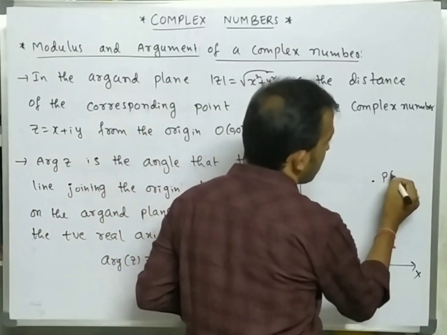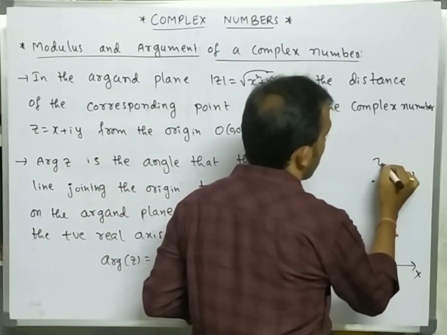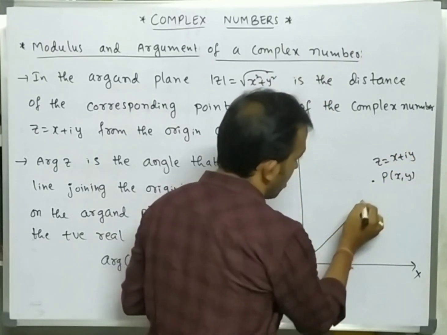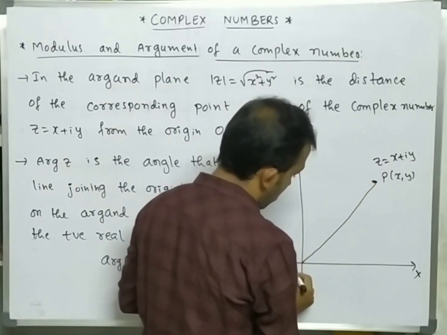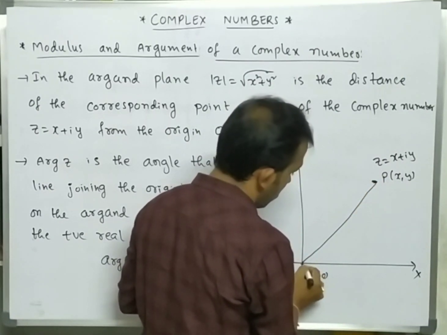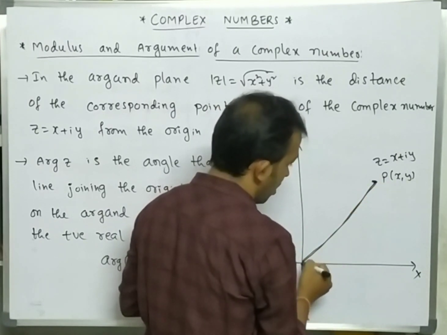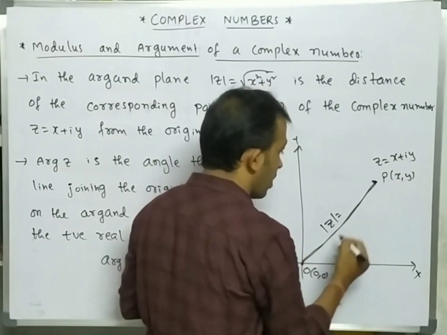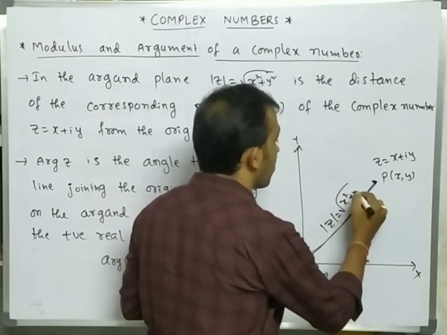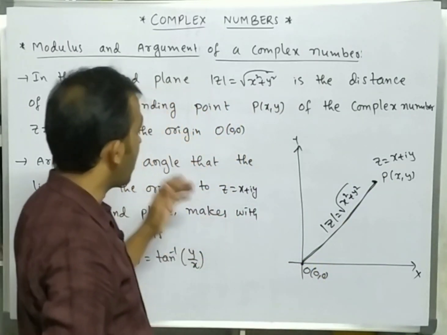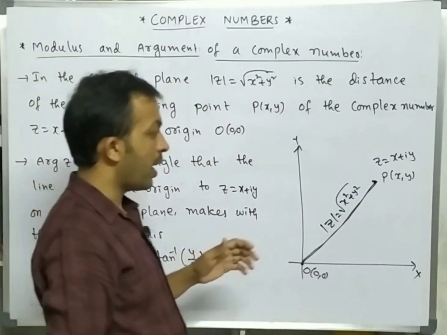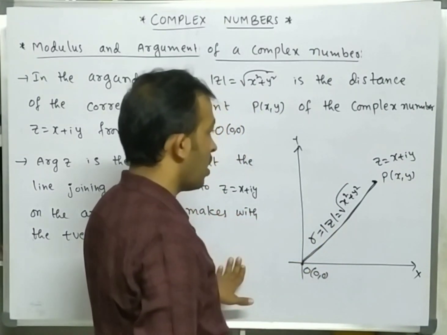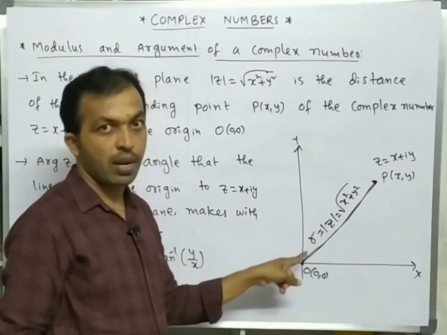So this is the distance from the origin 0, 0 to the point, denoted by the modulus of z. The distance OP is the square root of x squared plus y squared. This distance is called the modulus of a complex number, and it can also be represented with r, as in the polar coordinate system.